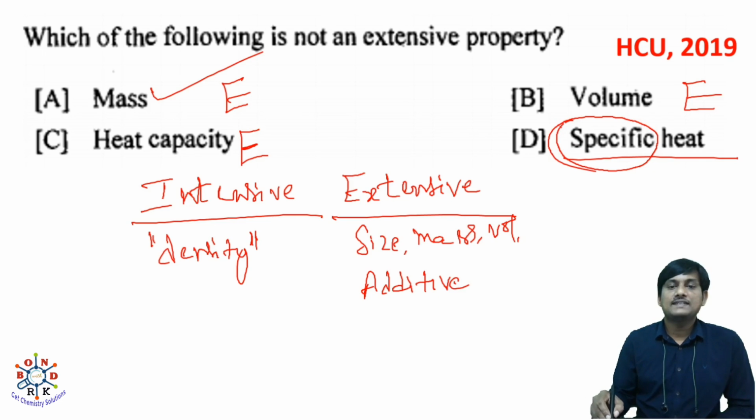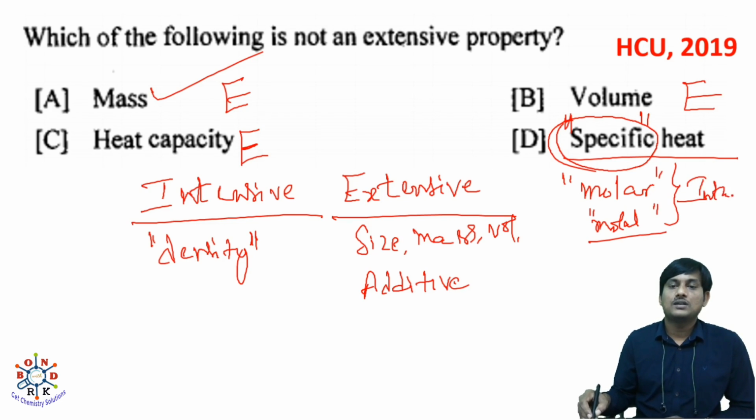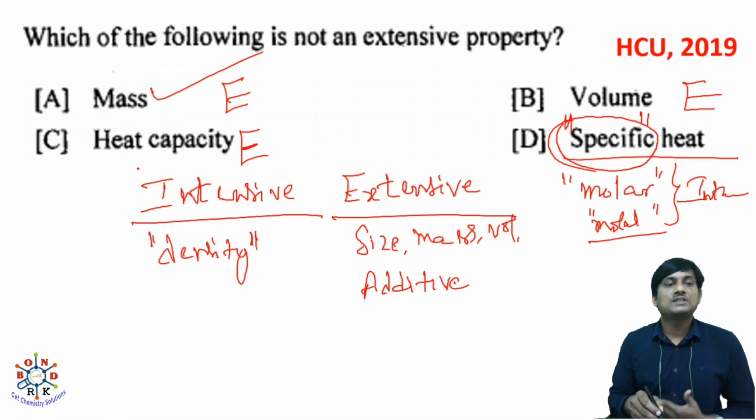When there is a term specific, molar or molal, the quantity becomes intensive. Molar mass, molar volume, molar heat capacity are all intensive. When you take mass, volume and heat capacity, these are extensive.